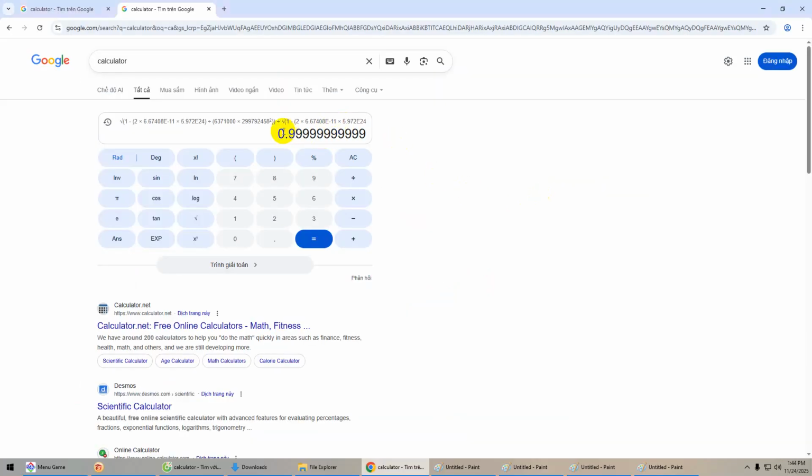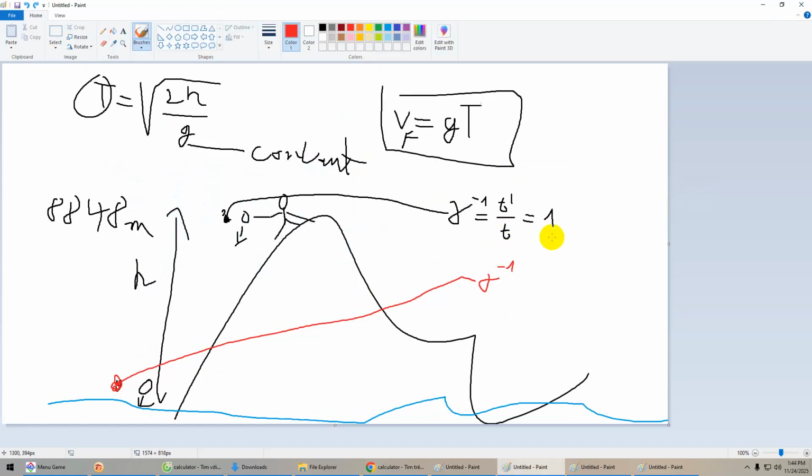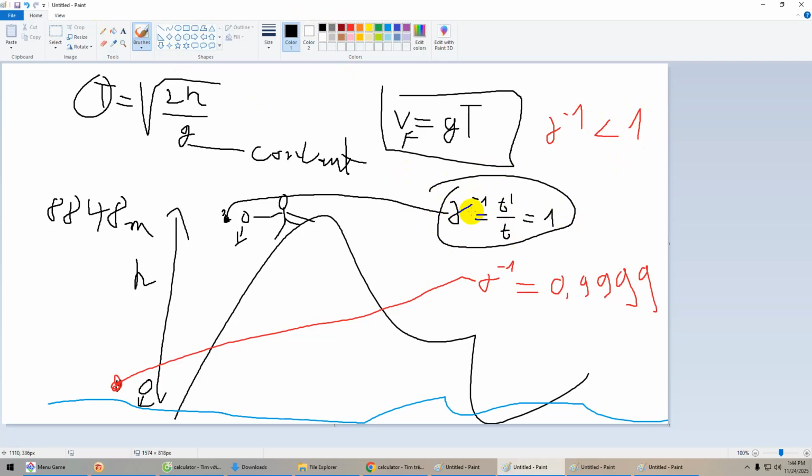So right now I have this value here, which is no longer 1, but lower than 1, which is equal to, let's say, 0.99999. The only thing we need to know is that the value here is smaller than 1, and this value is equal to 1 at the point the object will drop, and this value is less than 1 at the point where I have the final velocity here.